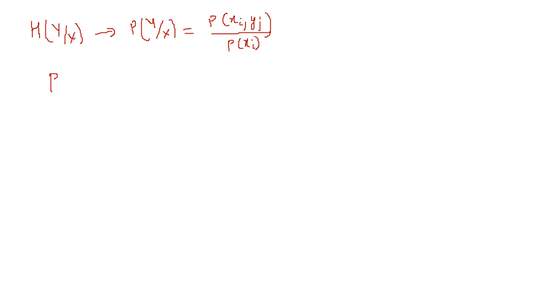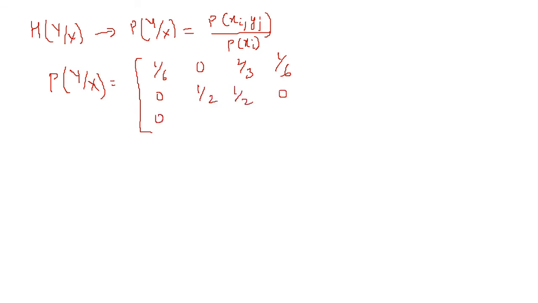So finally what we are going to get is p of y by x, which is equal to, after dividing each row with p of xi, the first row will be 1 by 6, then 0, then 2 by 3 and 1 by 6. The second row will be 0, 1 by 2, 1 by 2 and 0. The next row will be 0, 0, 2 by 3 and 1 by 3. The last row will be 1 by 4, 1 by 4, 0 and 1 by 2.